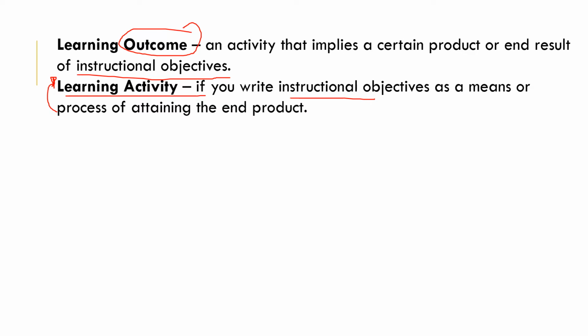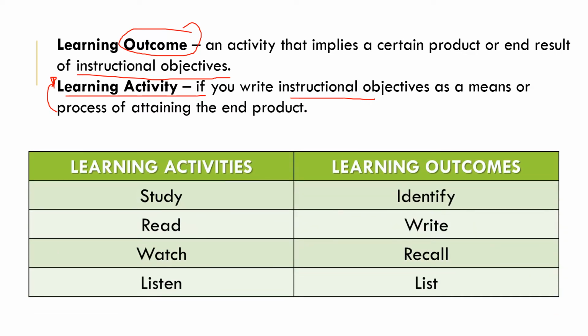Okay. Now, let's try to look at this table and try to figure out kung ano yung kaibahan ng learning activities and learning outcomes. So learning activities, no, a very broad study. Okay. But for the learning outcomes, identify perhaps. Okay.